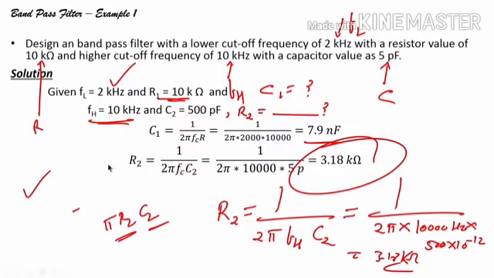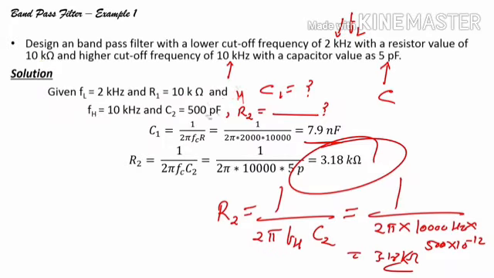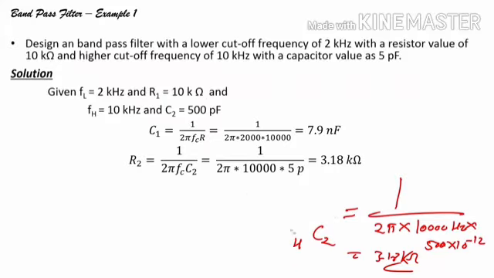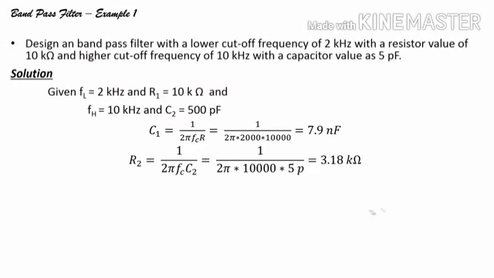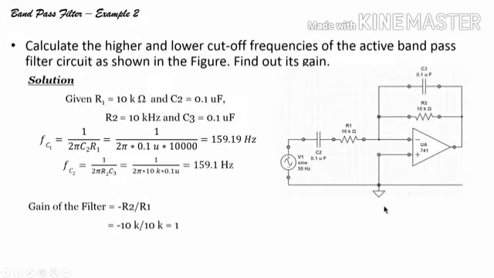So, using the given values you can design a band pass filter, very easy, absolutely easy. You just have to understand and remember one equation, and then you can easily design the circuit, that is your band pass filter.